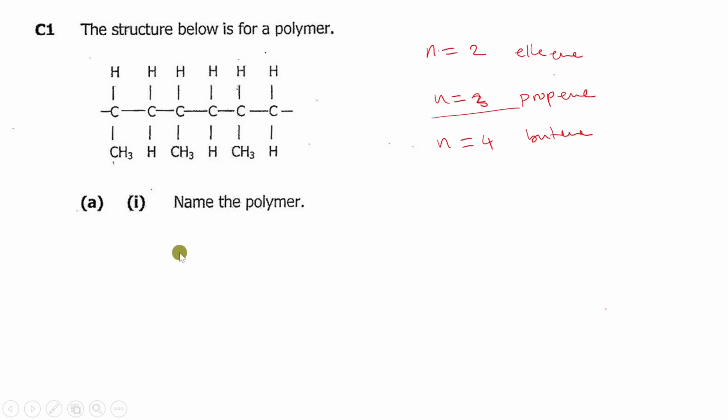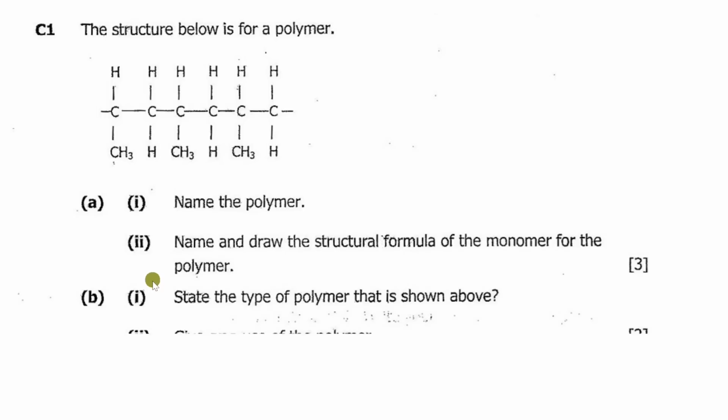When they say name the polymer, it will just be polypropene. Sometimes they call it polypropylene, but we are used to polypropene. Then we go to Roman numeral 2, which says name and draw the structural formula of the monomer for the polymer. The monomer, I've already said, is propene.